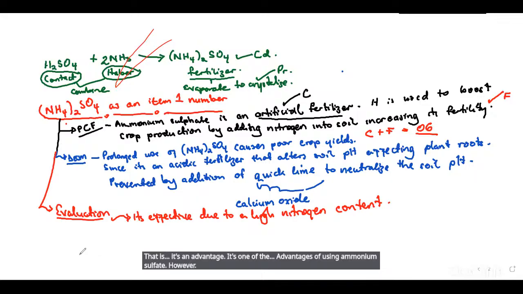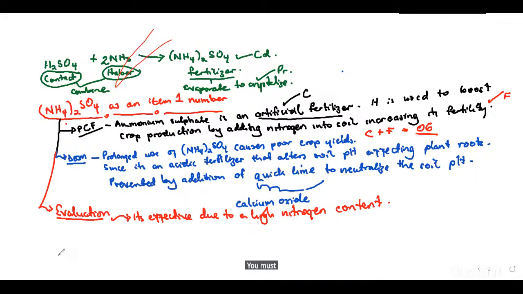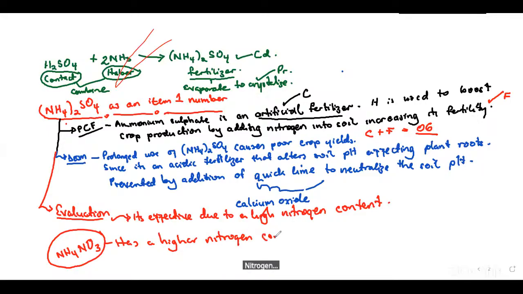However, if it is compared with ammonium nitrate, ammonium nitrate has a higher nitrogen content than ammonium sulfate.